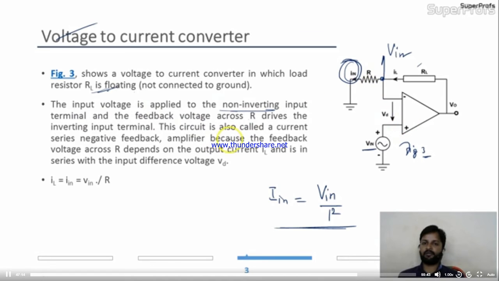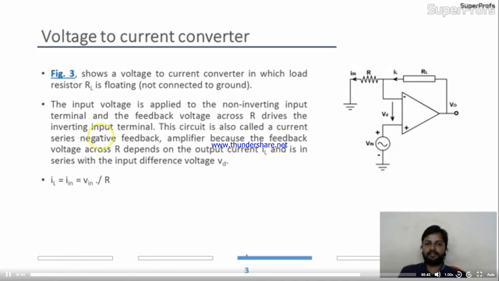This is the feedback voltage across R that drives the inverting input terminal. So who is going to drive this? The voltage or current you are getting by this feedback. Because at the inverting terminal you are not directly connected to any input, here you have only the feedback input. But at the non-inverting terminal you applied V in.